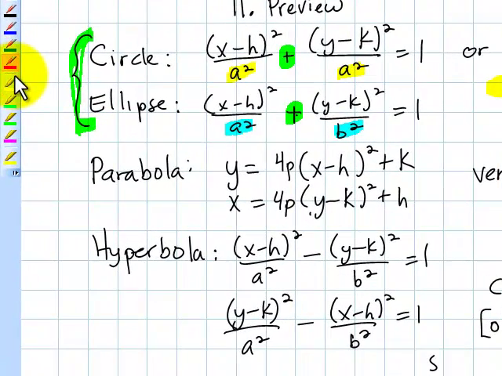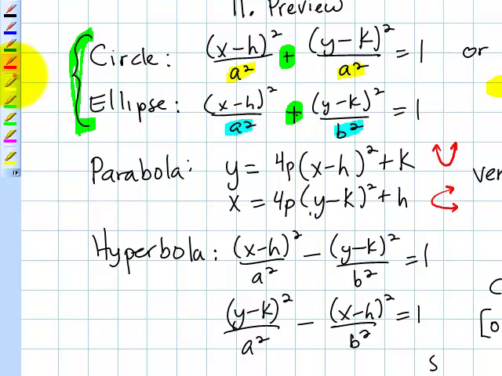And there are two different types of parabolas. This one, the one that starts with y equals x squared, would be a vertical parabola, up and down. The other one, where it's x equals something y squared, would be a horizontal parabola. And of course, all these letters mean something. Our vertex is still at h comma k.